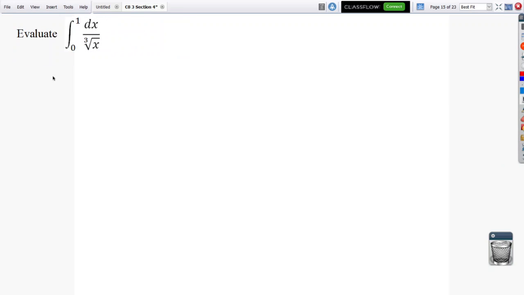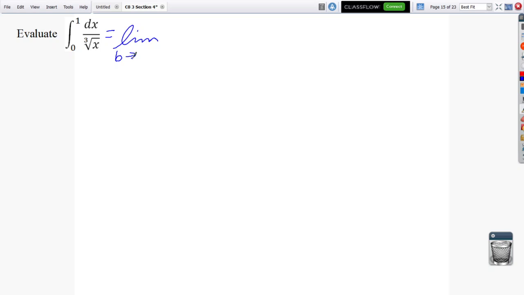So looking here, we can see very easily that if we're going from 0 to 1, an infinite discontinuity is going to occur whenever the denominator is equal to 0, which is going to happen when x is equal to 0. So that's going to lead me to say that this is equal to the limit as, and again, some placeholder. I know on the previous page we used c for everything, but it just feels right for me to use b. I can recognize it right away.